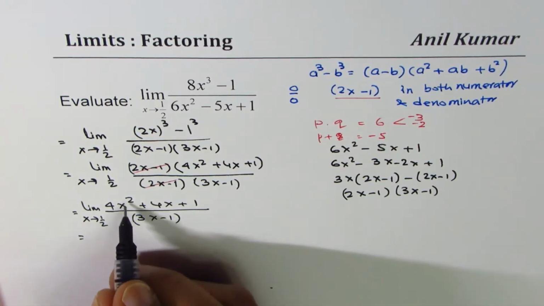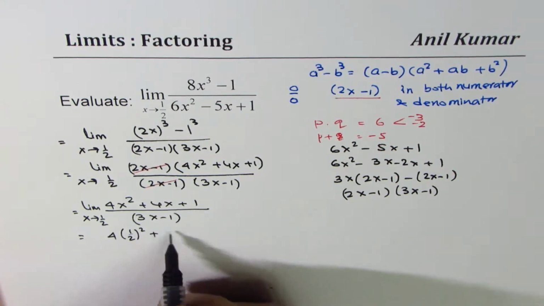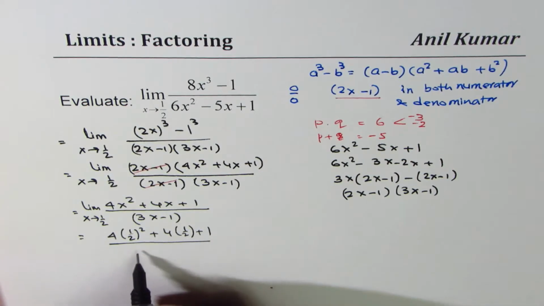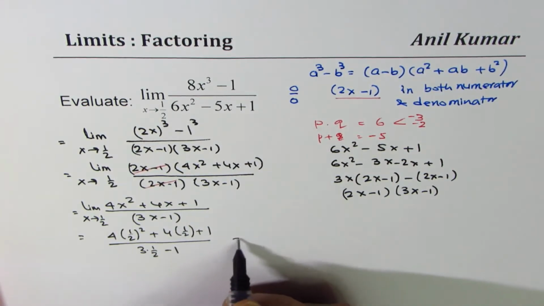So let's substitute half for x. So we get 4 times 1 over 2 squared plus 2 times 1 over 2 plus 1, over 3 times 1 over 2 minus 1, right?